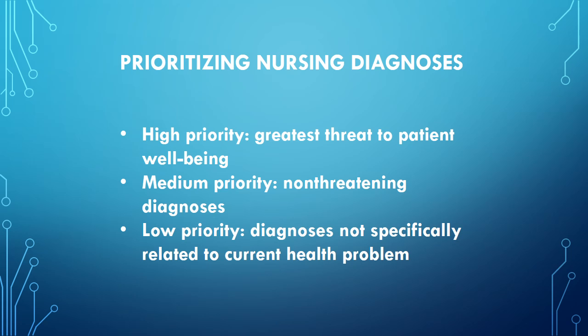Maybe, for example, your patient who's come in experiencing a myocardial infarction, and high priority is that decreased cardiac output or risk for decreased cardiac output. A low priority might be impaired oral mucous membranes that you perhaps identify as you do a head-to-toe assessment on your patient. Not critical by any means, but something that you want to be aware of.